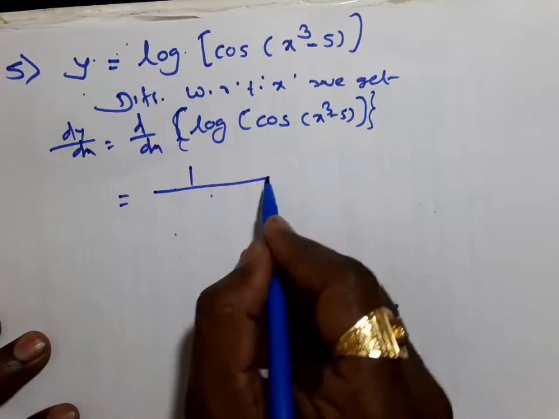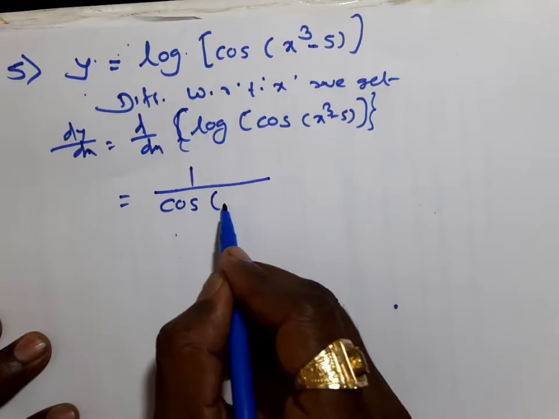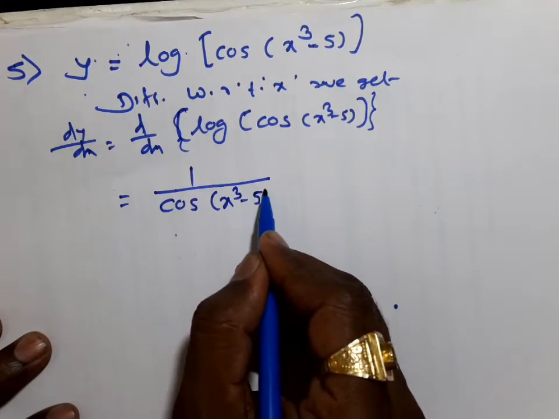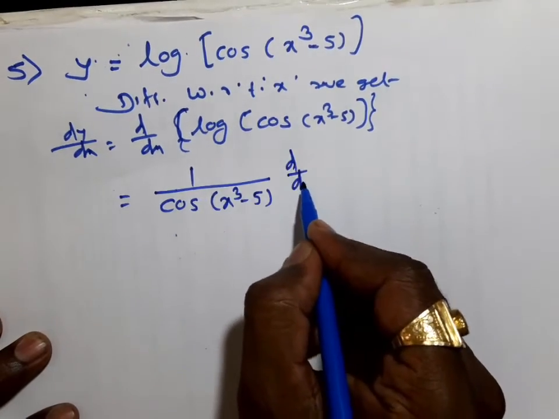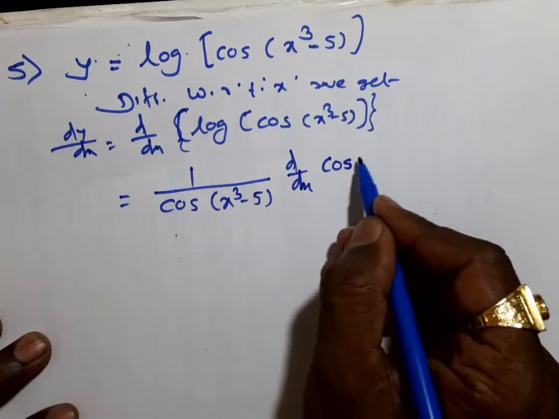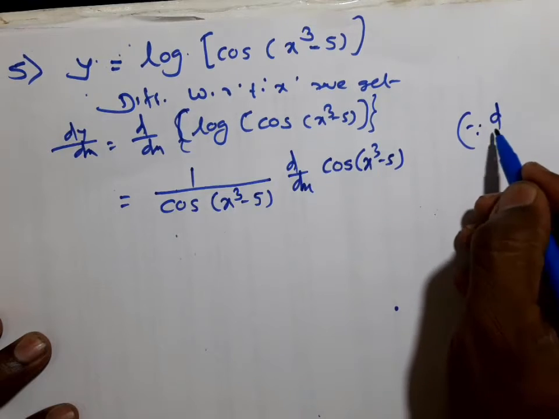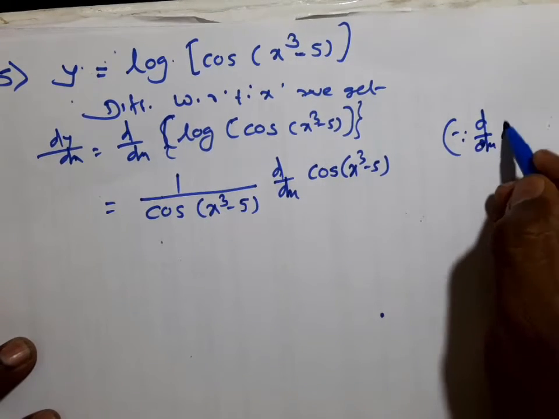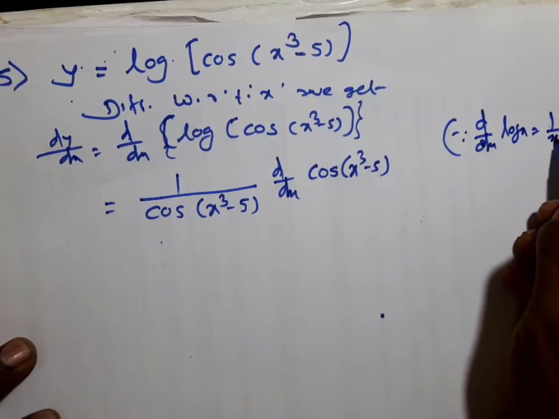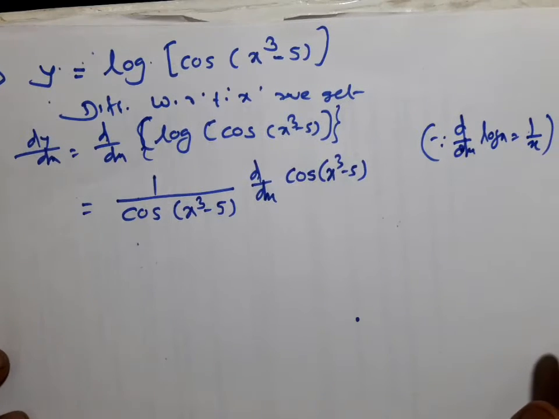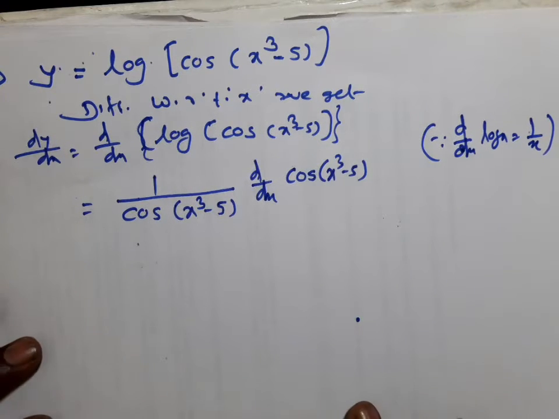So therefore 1 upon cos of x cube minus 5 into d dx of cos of x cube minus 5. If you remember this, d dx of log x is 1 upon x, that result we apply for this step.